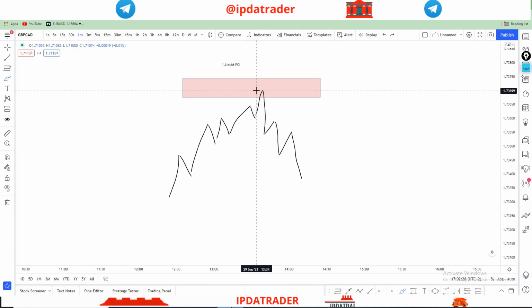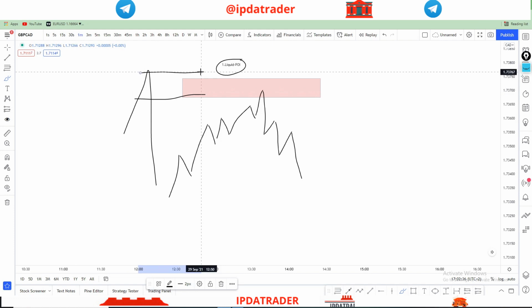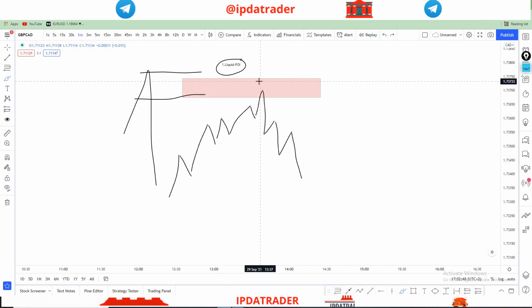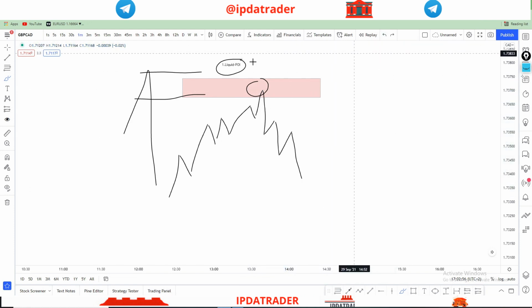So that's one of the scenarios where the POI itself, the region you're waiting on, is pretty liquid on itself, because they may have grabbed a lot of liquidity on the way up, so that they have enough fuel now to just hit the block and continue selling. There's no need to play around inside this region or distribute or accumulate or whatever you want to call it. They just hit the block and leave because they don't have any reasons to stay there any longer.